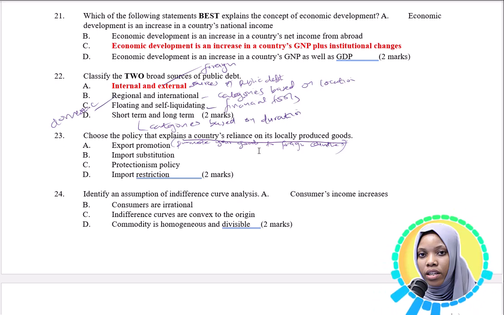Import substitution, here you replace imports with your locally produced goods. That is import replacement. Protectionism, you protect your industries from foreign competition.